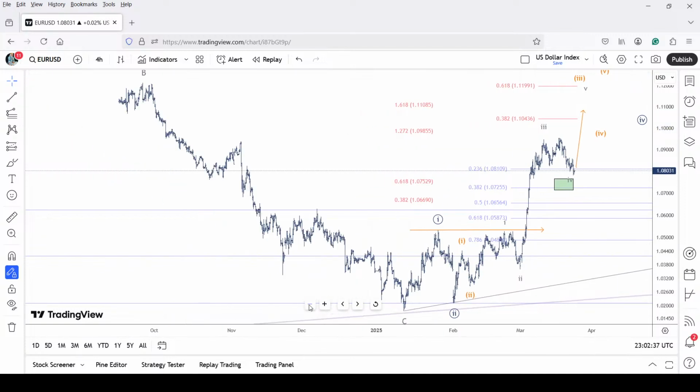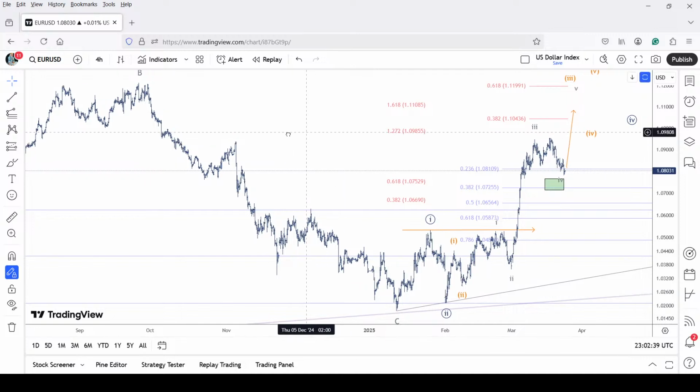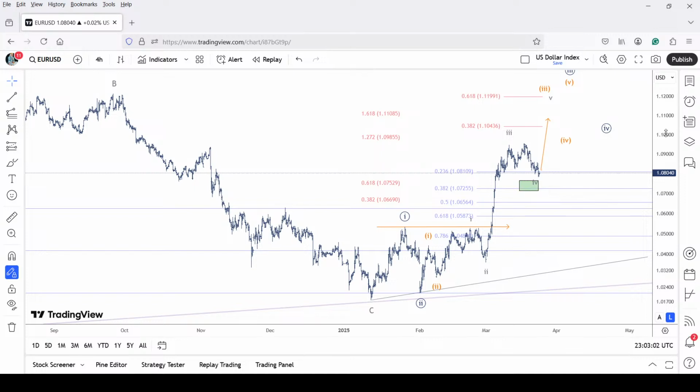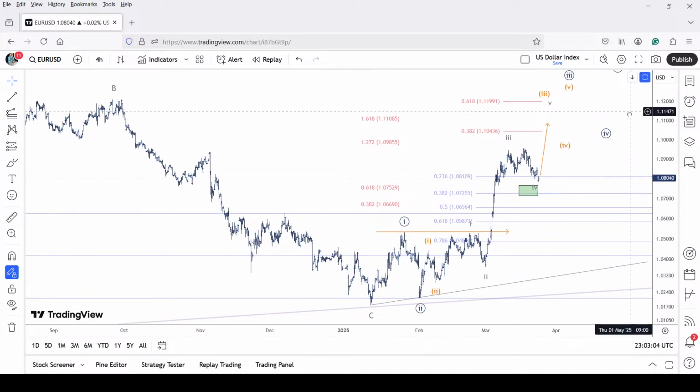We have, it could be a minor degree as well, where this would be minor wave 1 and 2, and then the minor wave 3 is on the working. Just for the sake of doing it right now, we've changed the degree to a minute. Minute wave 1 and 2 are in place, and minute wave 3 is unfolding, which is rather an extension.